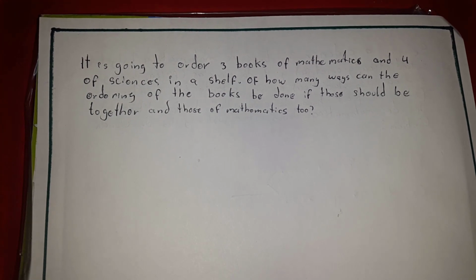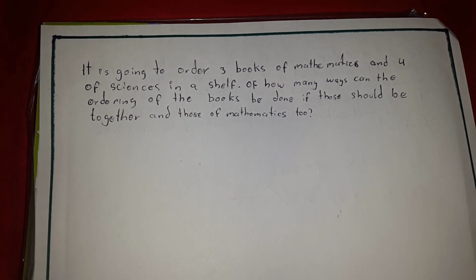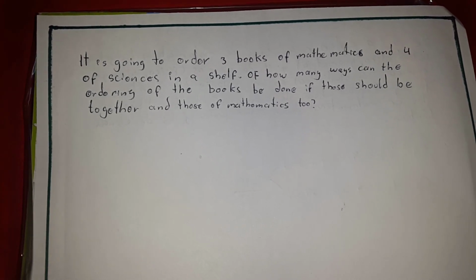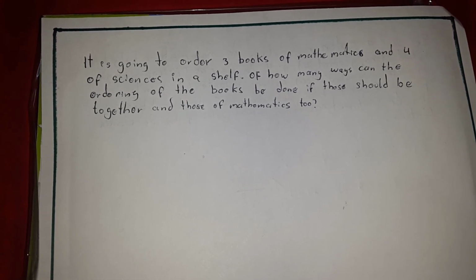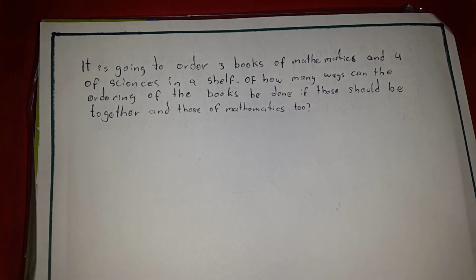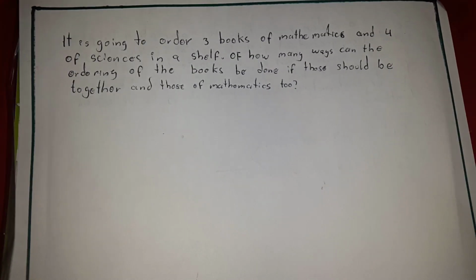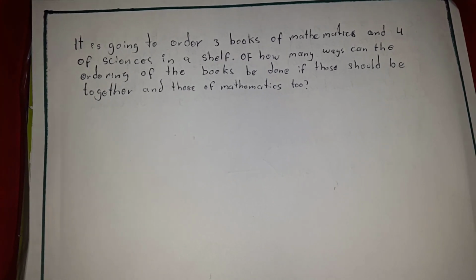In this exercise, we're going to order 3 books of mathematics and 4 of science on a shelf. In how many ways can the books be ordered if those of science should be together and those of mathematics too? Well, there are 2 possible cases.